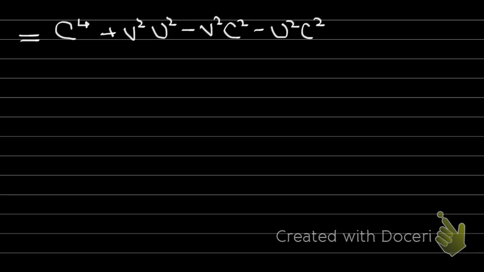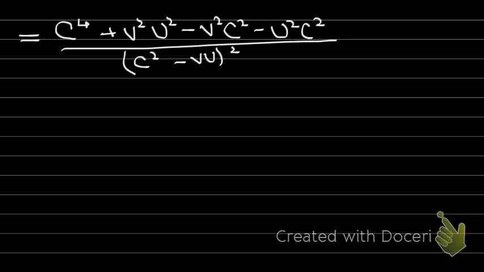Okay, so let's move on and write this expression that we have as now c to the power 4 plus v squared u squared minus v squared c squared minus u squared times c squared, and in the denominator again we have (c squared minus v times u) whole squared.